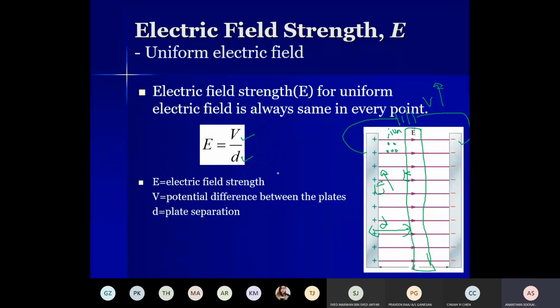Like you know, the Earth and the cloud. When the cloud is highly charged, let's say negatively charged, and gets closer to the Earth, the Earth will be induced with positive charge. So the cloud and the Earth produce an electric field in the region between them.